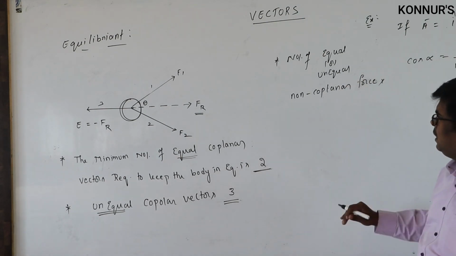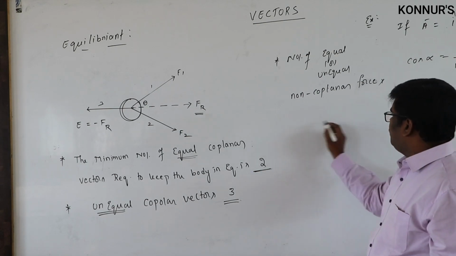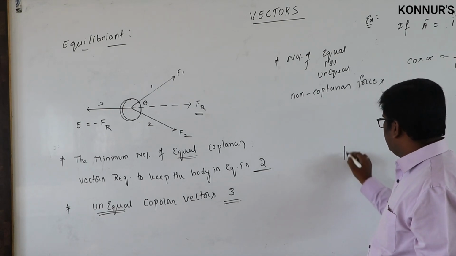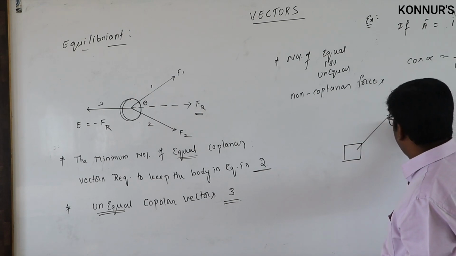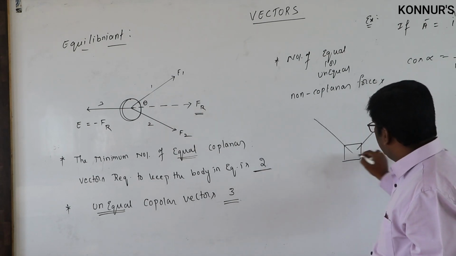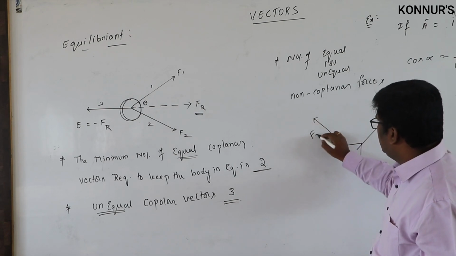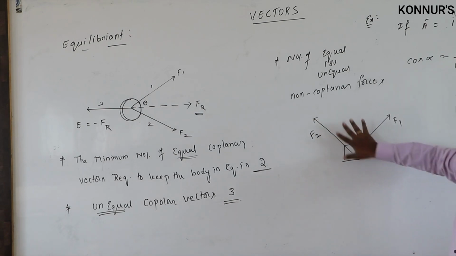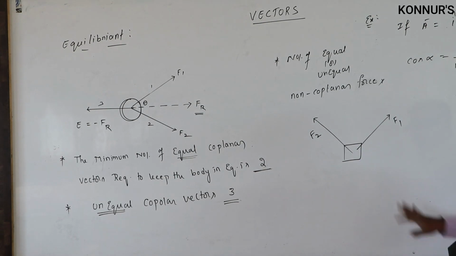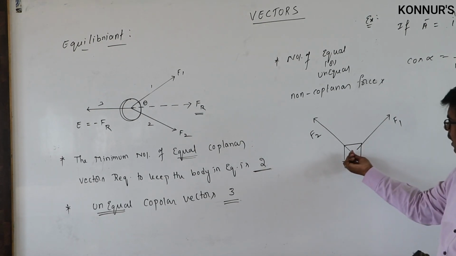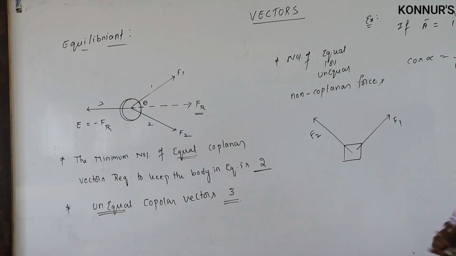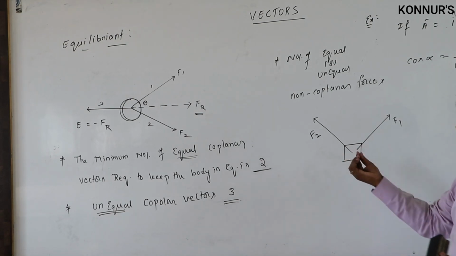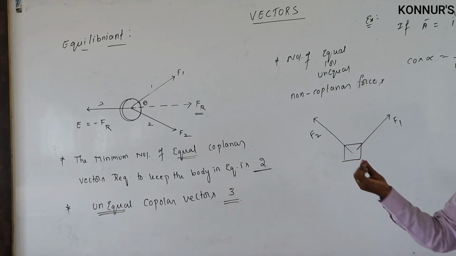Let us see here. Suppose this is one body suspended with the force F1 here, and this is another force F2. These two forces lie on the plane of the board, and if I act one more force in this direction, outside of the board, then it will be displaced outside of the board side.